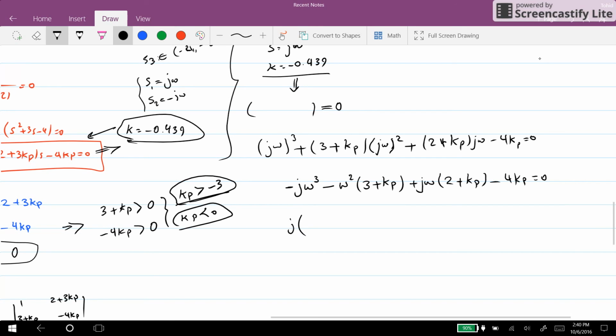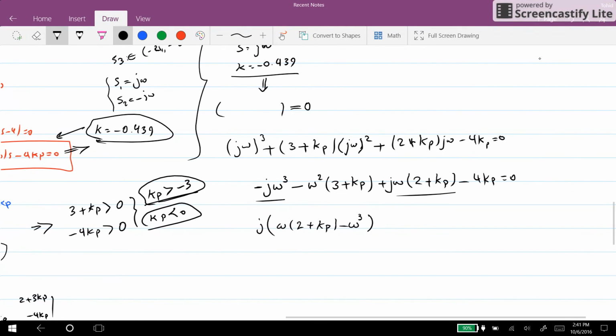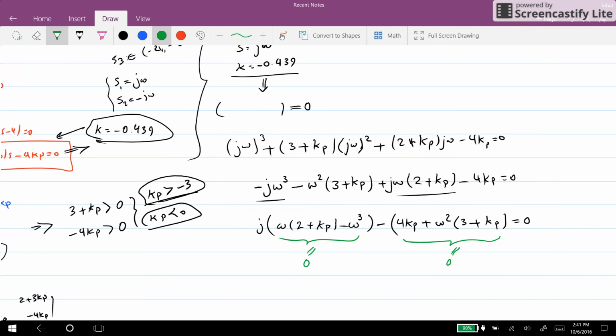We will have j times omega 2 plus kp minus omega to the power of 3. So these two terms here, minus 4 kp plus omega squared times 3 plus kp equal to 0. And since we want the whole thing to be equal to 0, we need to have this equal to 0 and this term equal to 0.